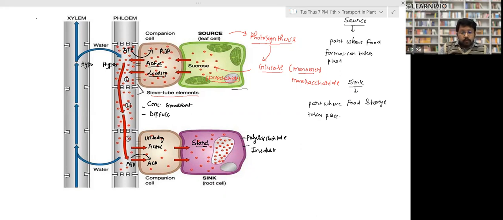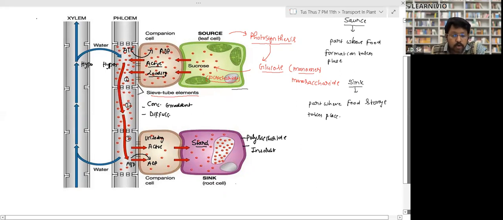After that, the food is transferred from the companion cell to the root cell or sink cell, where sucrose is converted into starch. Starch is a polysaccharide and it is insoluble. That's why starch detaches from the water, and water comes back to the nearby xylem and recirculates on its own pathway.